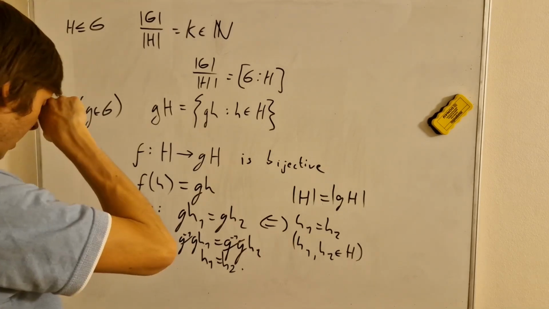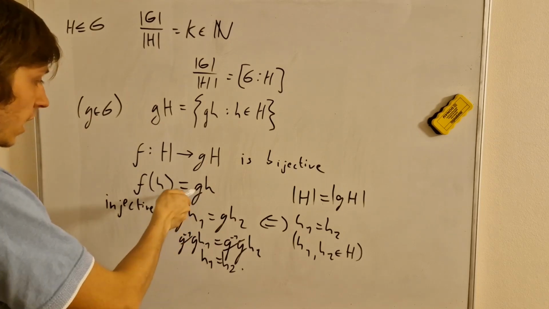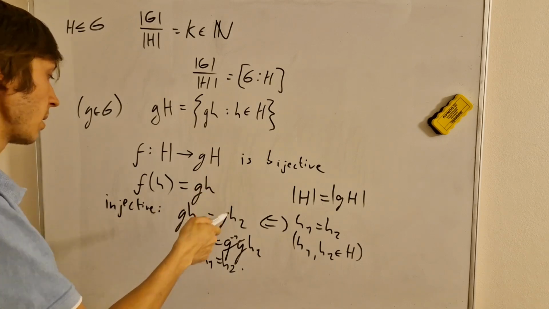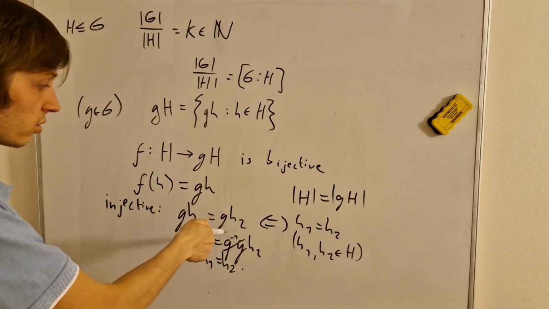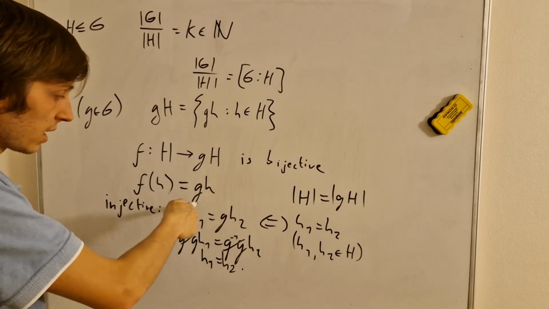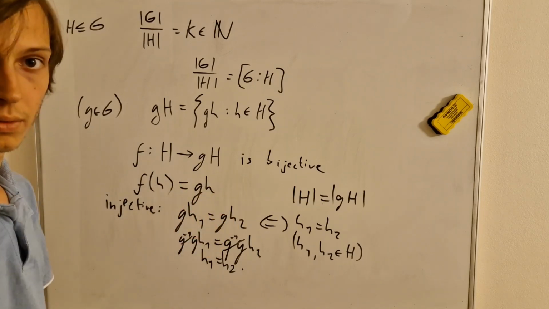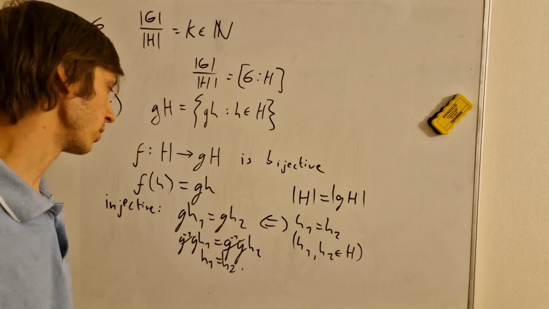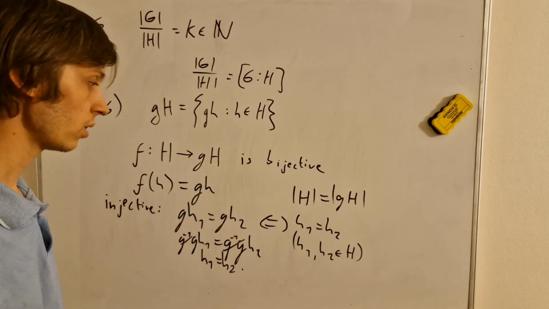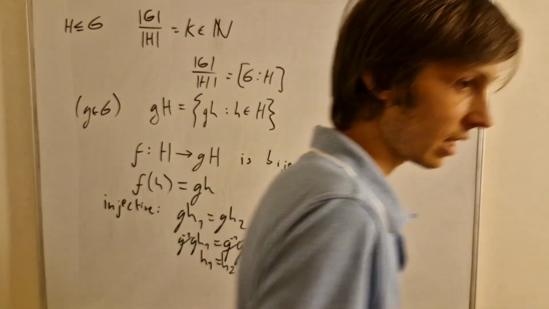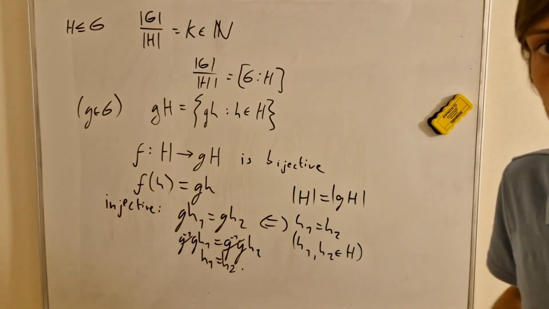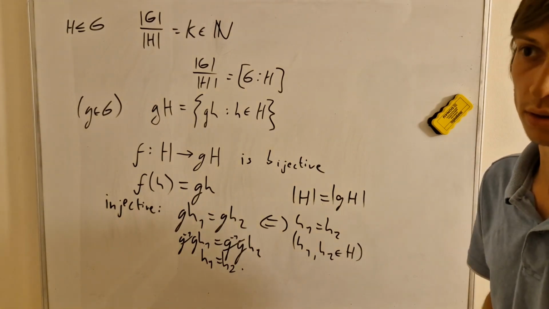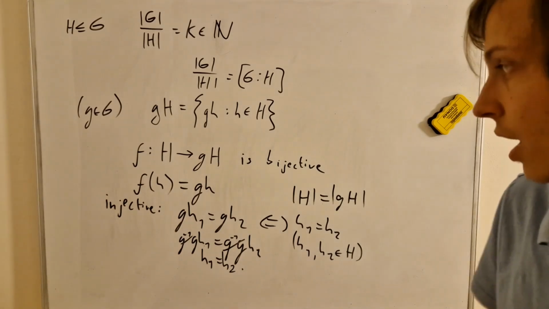So I proved that a member of that coset is going to be equal to another member only if those h values, those members of the subgroup H that make it, are equal. If the g is the same and the h is different, then it cannot be equal. It can only be equal if h1 and h2 are actually equal. So that's making it injective. We can have the same output only if the inputs are the same. So we see injectivity here.